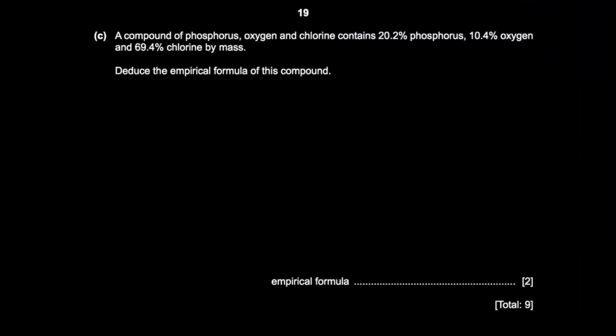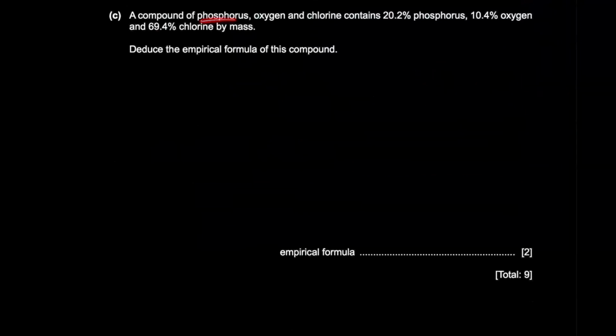A compound of phosphorus, oxygen, and chlorine contains 20.2% phosphorus, 10.4% oxygen, and 69.4% chlorine by mass. Deduce the empirical formula of this compound. So we have phosphorus, oxygen, and chlorine. For empirical formula, we just use atoms.